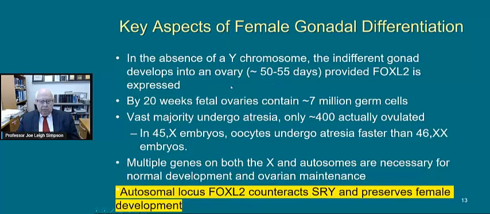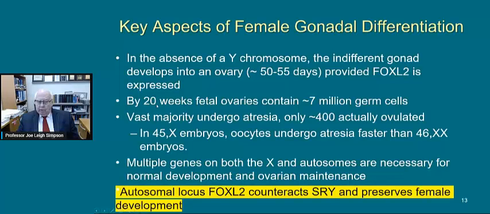So a few facts just to mention before we leave the embryology and talk about the clinical implications. The indifferent gonad develops into an ovary around embryological days 50 to 55, and the equivalent of the sex reversal Y gene, to which we talk about a lot, is called FOXL2, forkhead box.